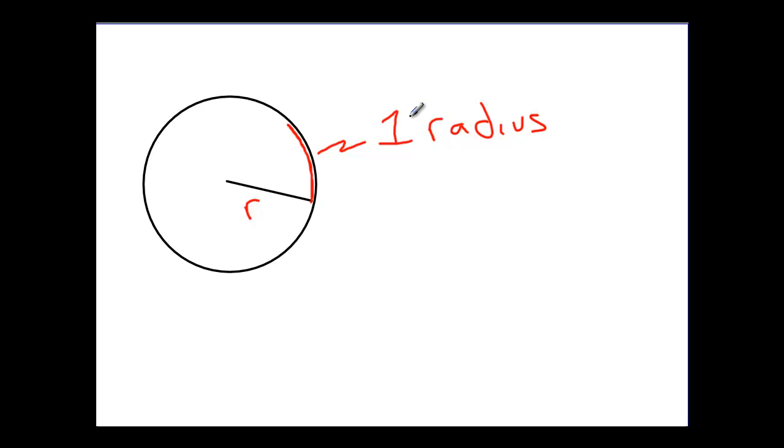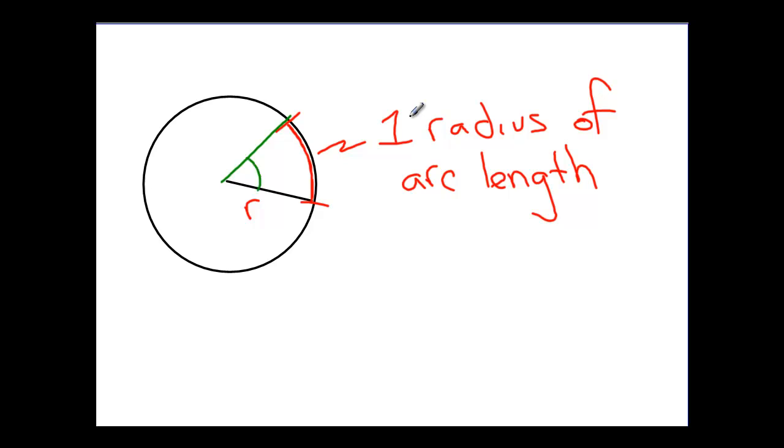So this is one radius of what we will call arc length. If we were to walk the length of this arc, that would be exactly one radius long. If we set this up so that we have this one radius of arc length here, it turns out that the angle that we have made from those two endpoints, this particular angle right here, happens to be 1 radian.